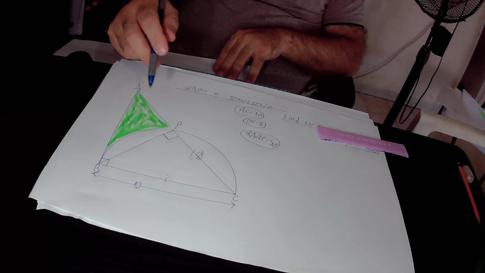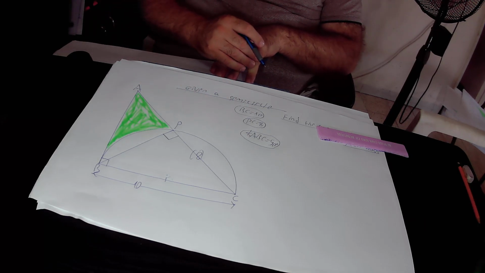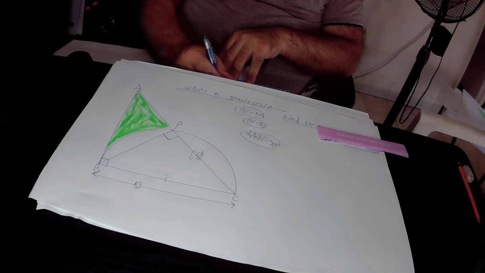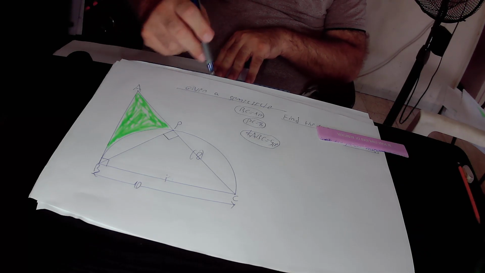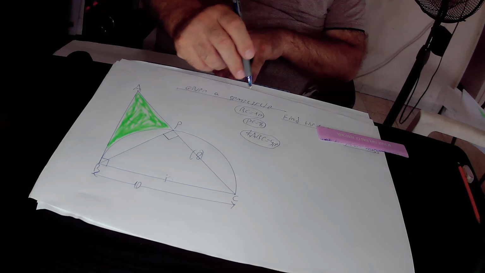In this right angle triangle BPC, BC is the hypotenuse, so BC square is the square of the hypotenuse, and it is equal to BP square plus PC square.